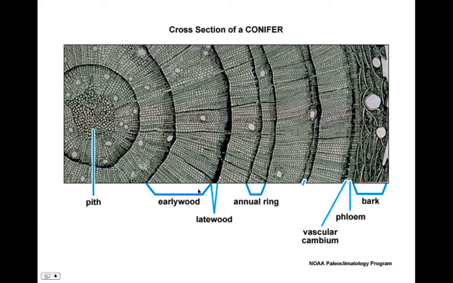Both the early wood and late wood would have been laid down within a single growing season, but earlier in the growing season the cells are larger than in the later. And this transition between larger and smaller cells ends up creating these rings that can be counted in order to determine the age of a cross-section of wood.